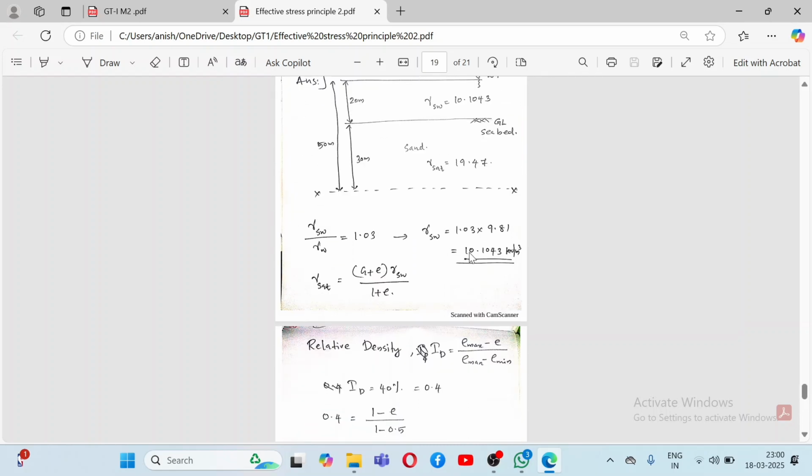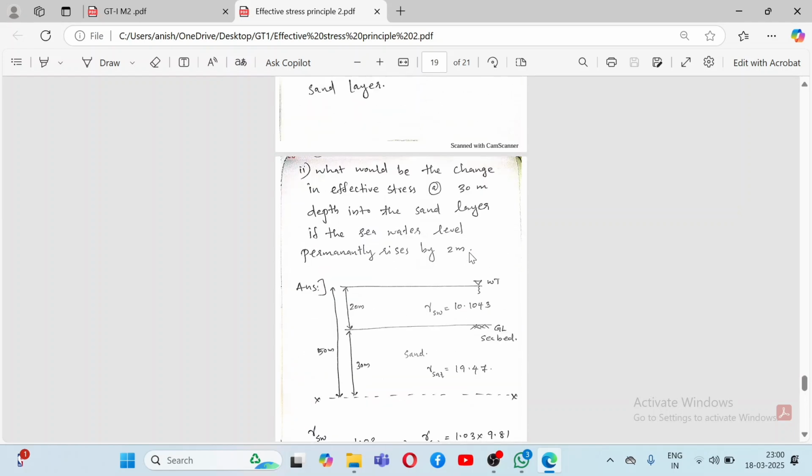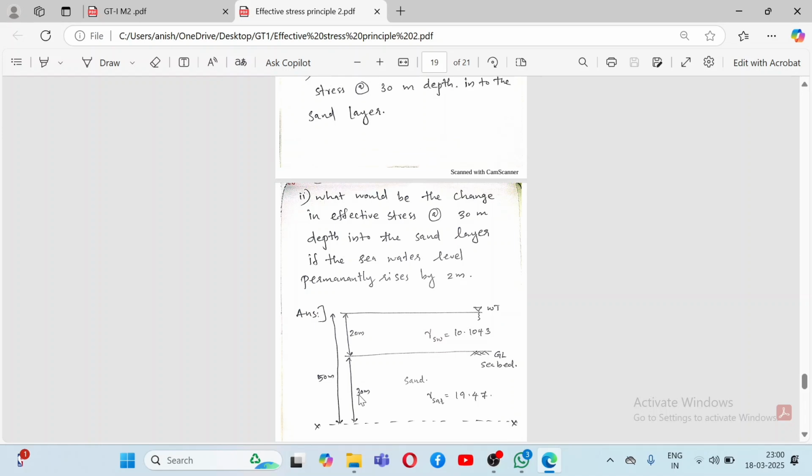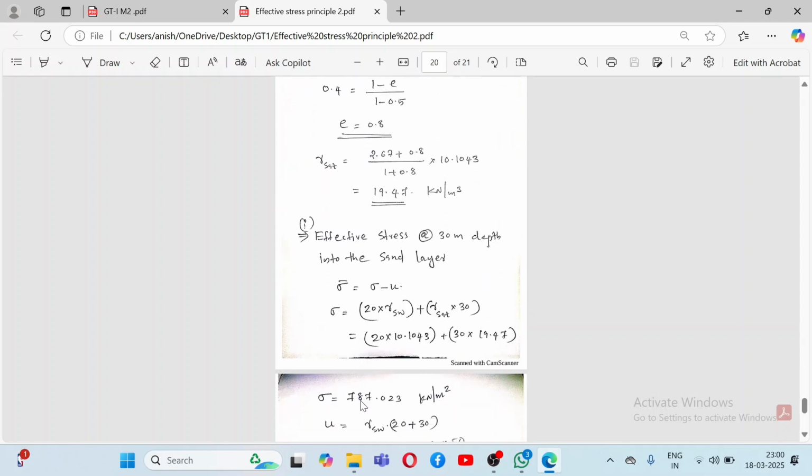Then the effective stress at 30-meter depth into the sand layer. It was given in the question that there is a ground level, here is the sand layer, and below it 30-meter depth.